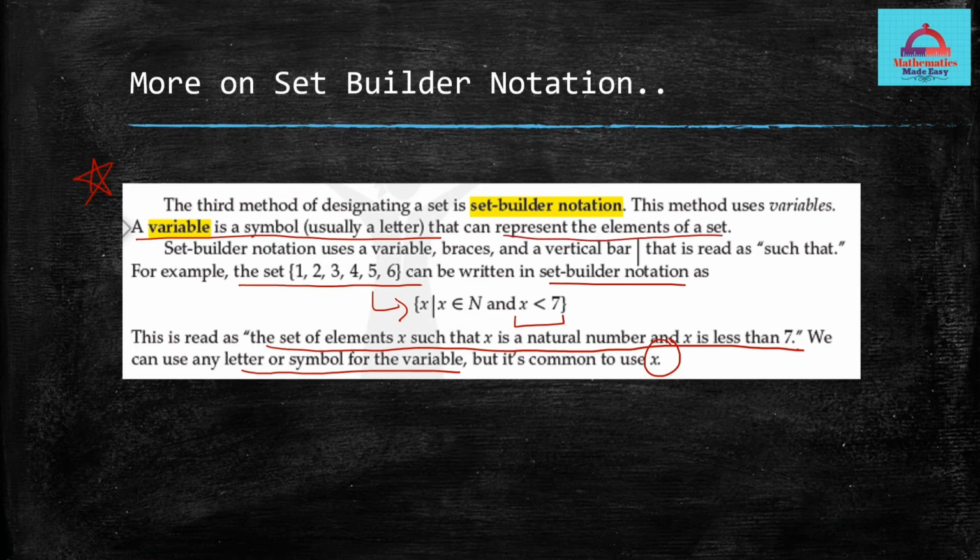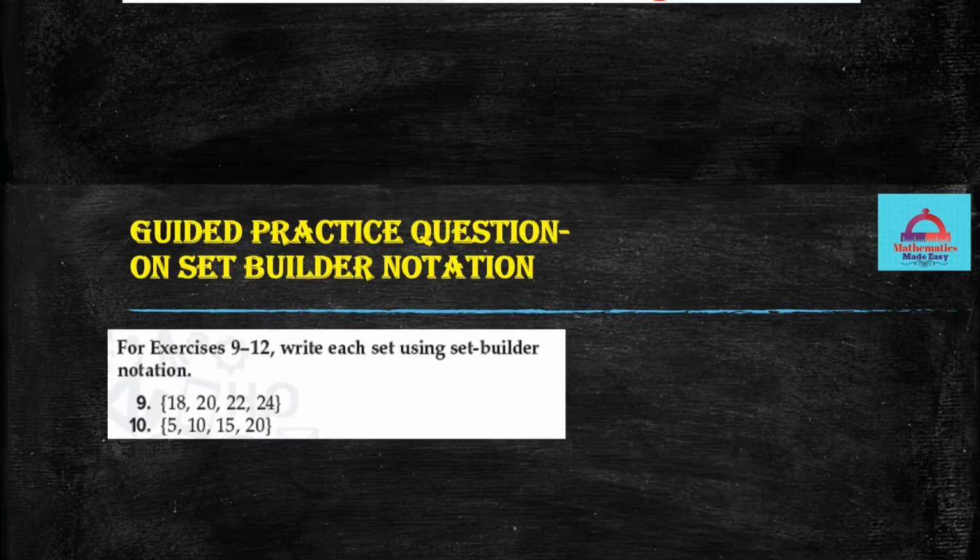Remember, whether it is set builder or your roster form, all the elements are going to be listed in the set inside the curly brackets or the braces, and a vertical bar in the set builder form denotes your such that. These are some important things that you should remember about the set builder notation, and let's now solve some questions.